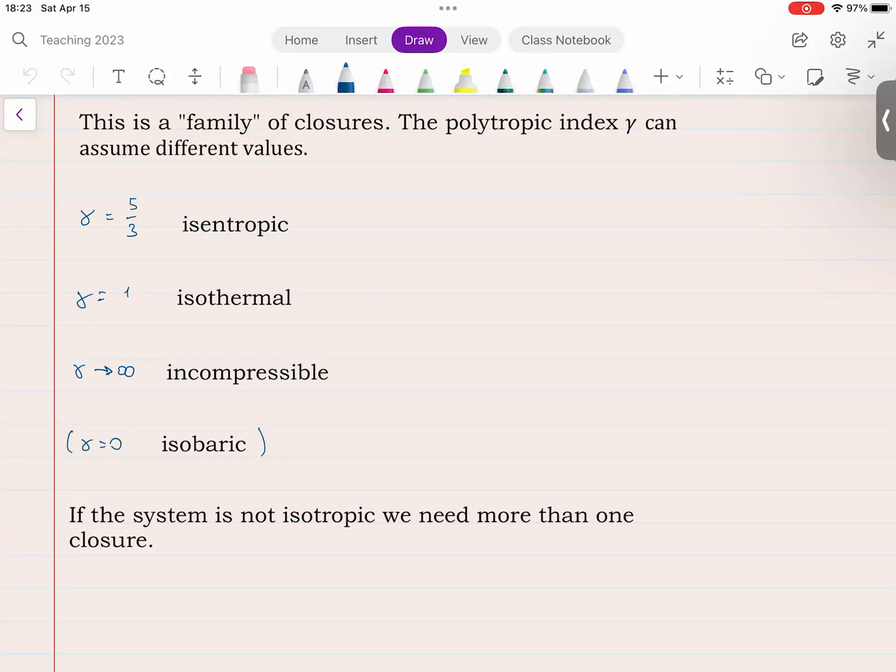If we have more than one component of the pressure, we need an additional equation for each additional component of the pressure.